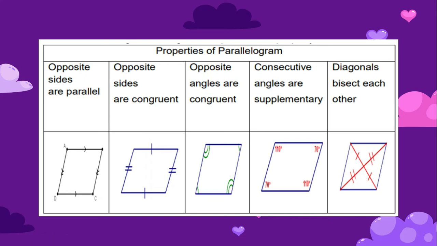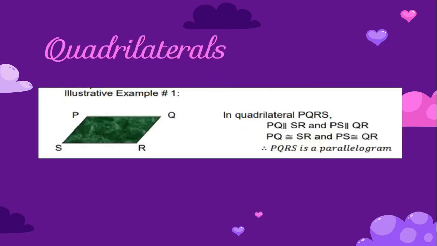Now let's apply everything. Let's have the first example. In quadrilateral PQRS, PQ is parallel to SR, and PS is parallel to QR, using this parallel symbol. Is that a property of a parallelogram?